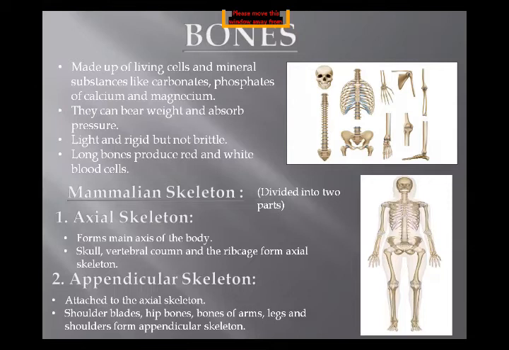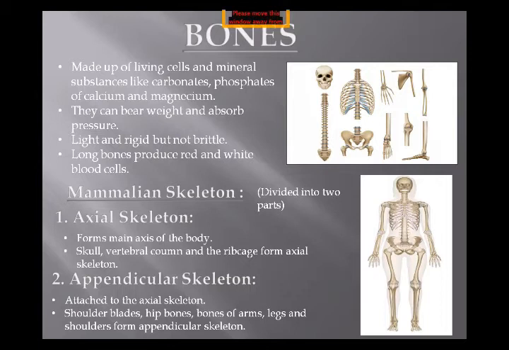What does mammalian mean? Actually, mammals are a group of animals which have external ears and they have mammary glands. These two are very identical features of mammals.